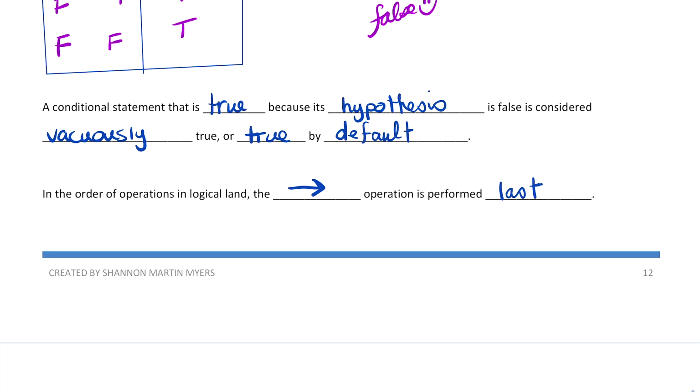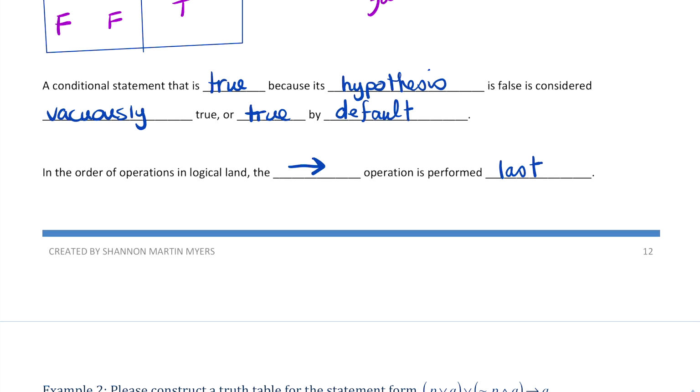So if you recall, the negation is first, and then the and the or statements are second. And remember that these were co-equal. And now we're learning that the arrow is last.